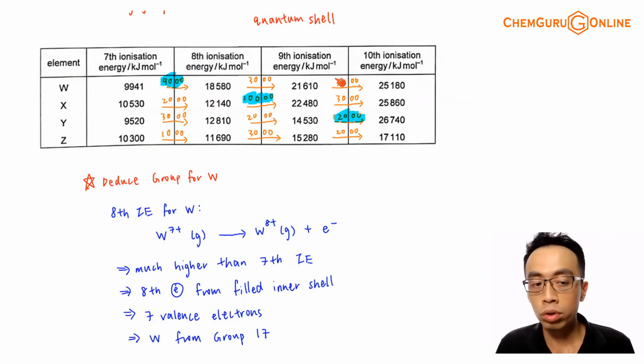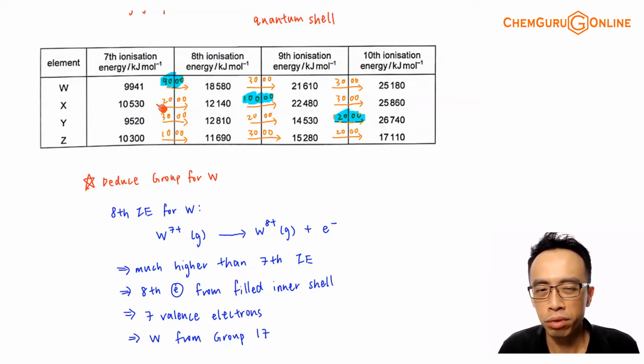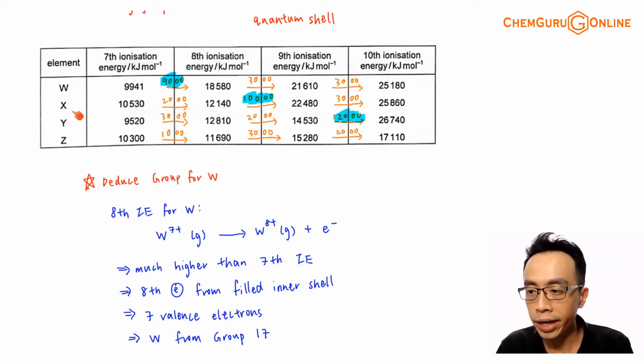So maybe we can look at the rest of the elements. And you notice, involving our element X, the difference between the 7th and the 8th IE is only about 2,000. Then between the 8th and 9th IE, this increased to 10,000. So this is significantly large, and from there we can tell that this will also represent a change in the principal quantum shell. It is pretty reasonable because element W and element X are consecutive elements.